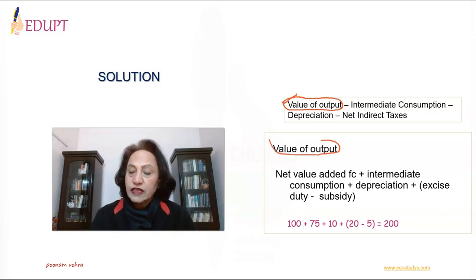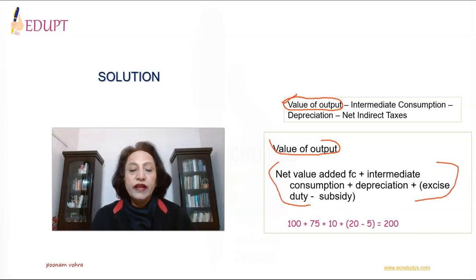So it's taken out of the formula and then rest of the items will be added to find the value of output. That includes net value added at factor cost plus intermediate consumption plus depreciation plus net indirect taxes, which is in this case excise duty minus subsidy.